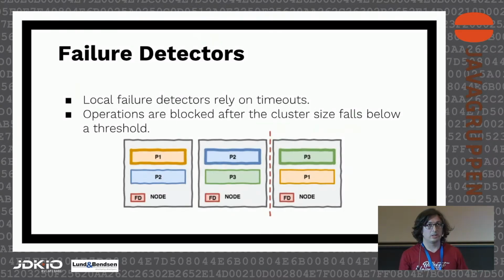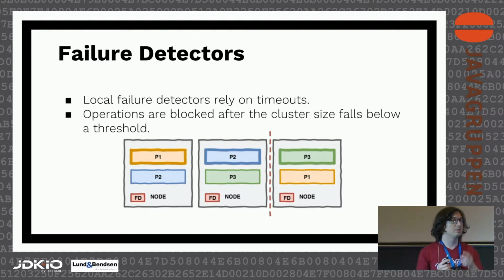And another technique to improve consistency of the system is to make use of failure detectors. So each Hazelcast node has a failure detector here, and nodes send periodic heartbeats to each other, and these local failure detectors keep track of these heartbeats to make suspicions about other nodes in the system.